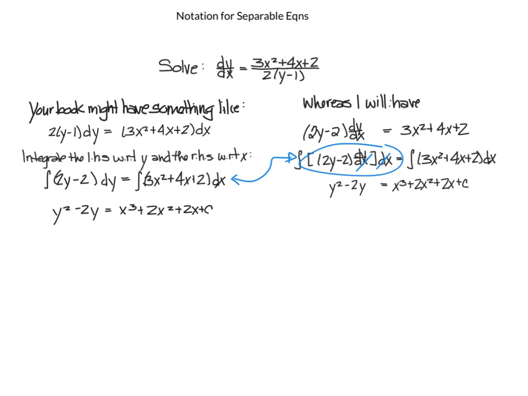But the reason why I like to do it with these extra steps in there is because here it isn't obvious to me. If you have two things equal, you can integrate with respect to y on one side and with respect to x on the other side, and it's okay. But in this case, it does happen to be okay because of the way that this works out. It's actually equal to this.